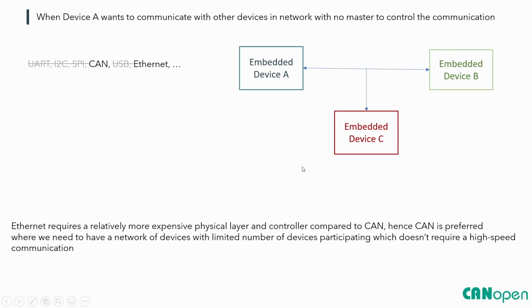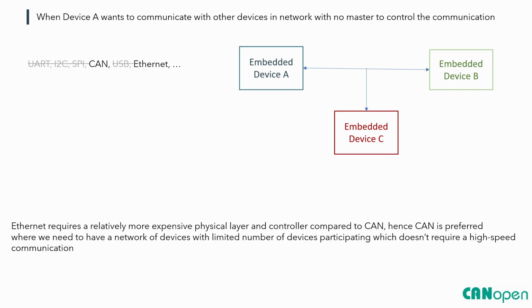But let's talk about a situation where we don't want to have a clear master in the network. In that case, let's say device A has some information, it can just transmit that information, and then immediately after that device C has some information and it can transmit that as well, and it doesn't need to wait for the master to poll its status and then ask permission, for example, to send some information.